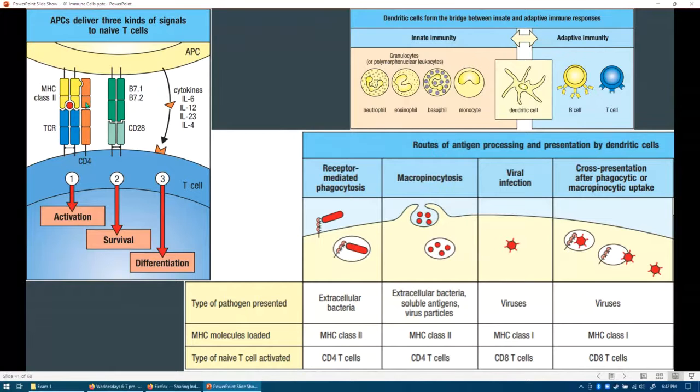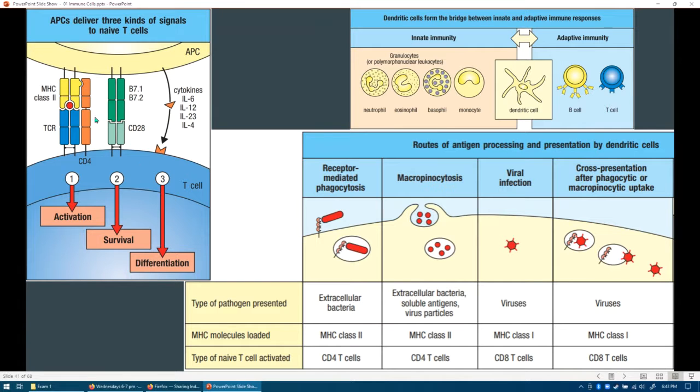They also express CD4, which binds to the outside of MHC2 during antigen presentation. Then you also have a co-stimulatory signal delivered to the T cell by the dendritic cell. B7 is that co-stimulatory signal. B7 is expressed in very high levels on dendritic cell surfaces, and it binds to a receptor called CD28 on the T cell.